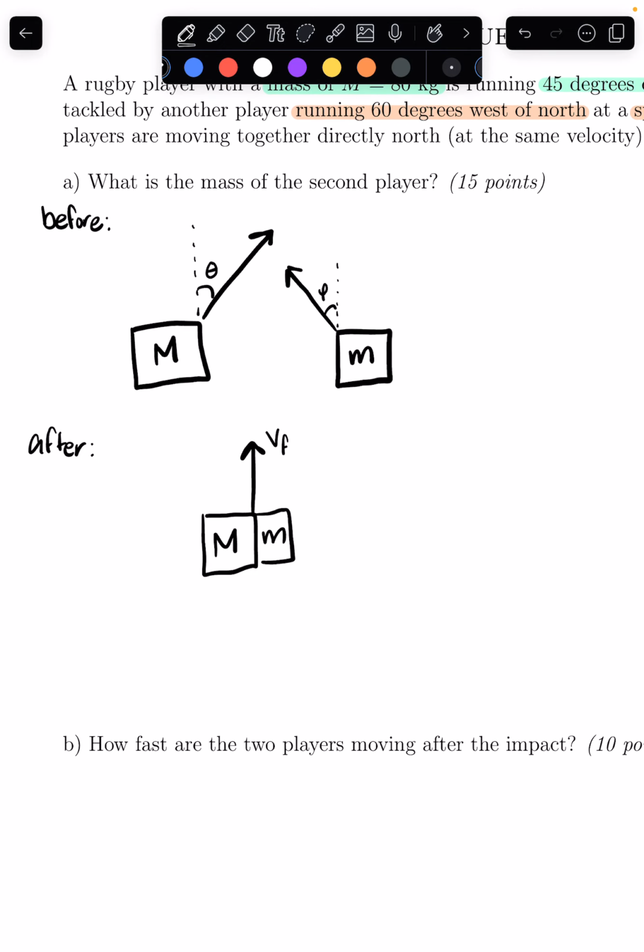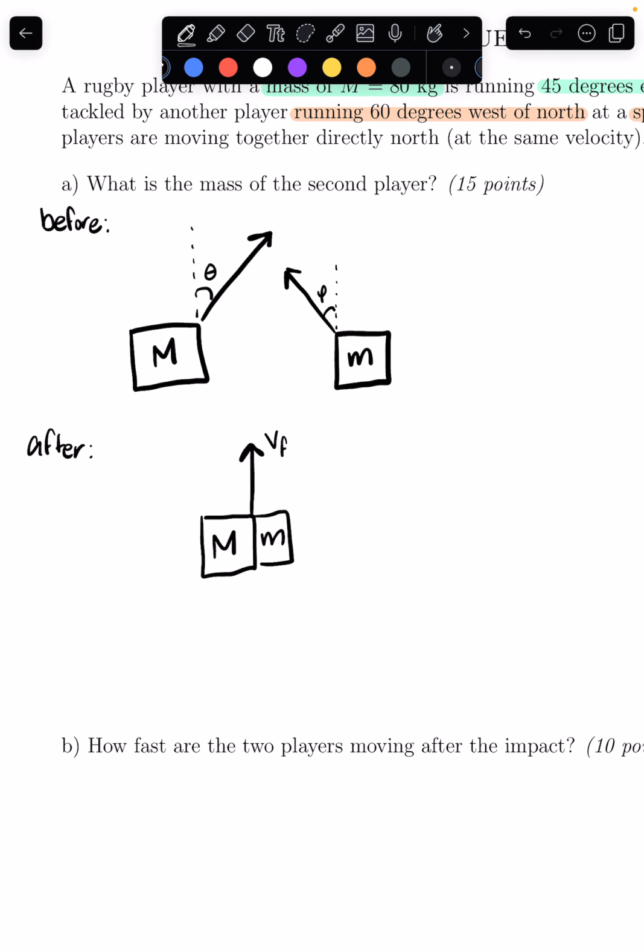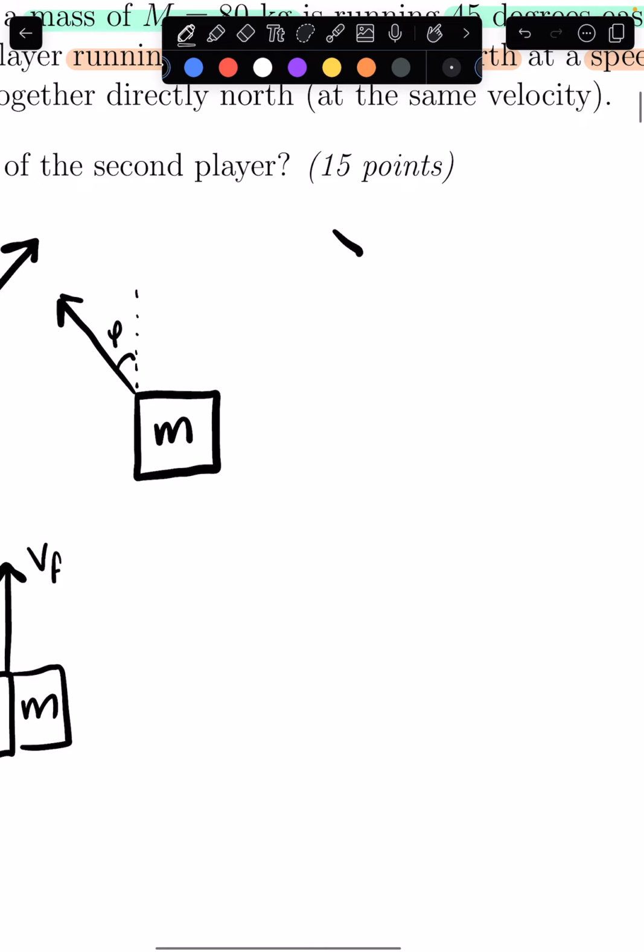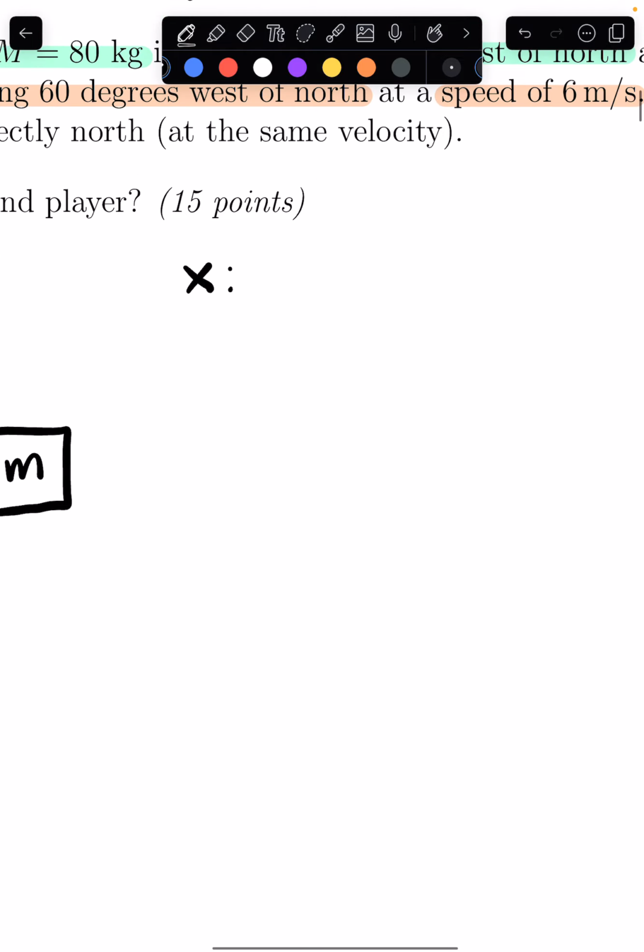So, to start solving this problem, we want to use conservation of momentum. Since they're moving at angles, it's helpful to split it up into the x and y direction. So, we know that in the x direction, we need the p initial, the initial momentum, to equal the final momentum.